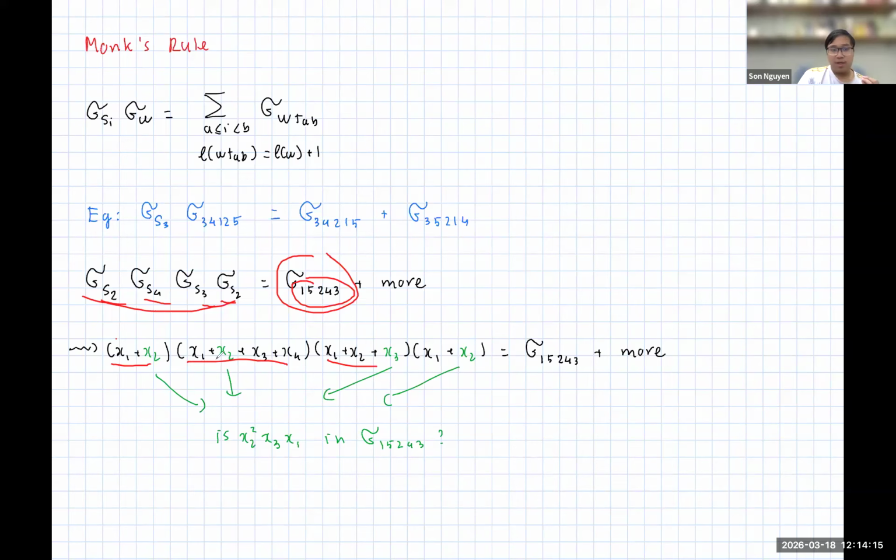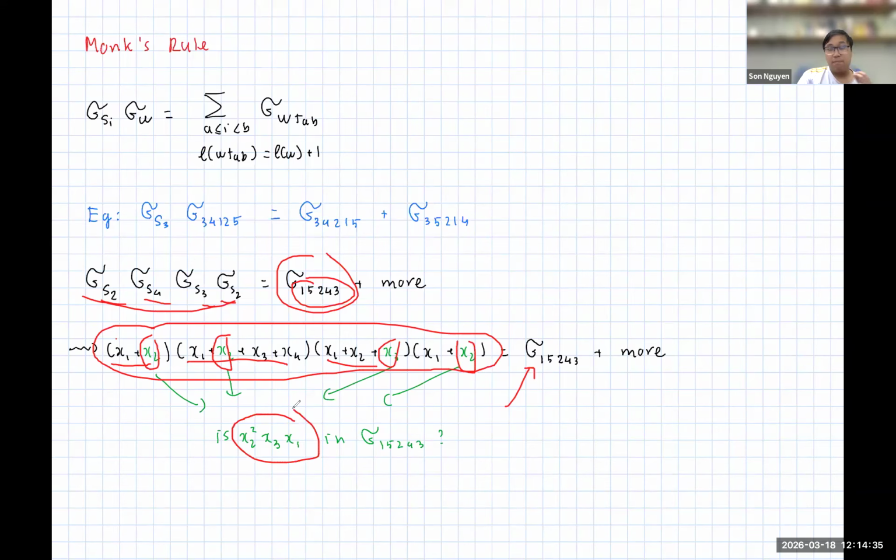So what this is telling me is that I have this product and some of the monomials will contribute to the Schubert polynomial that I want. For example, here I take x2 from this one, x2 here, x3 here, x2 here, and I get this monomial. Maybe this monomial will be in here, maybe not, but some monomials will contribute to my Schubert polynomial.